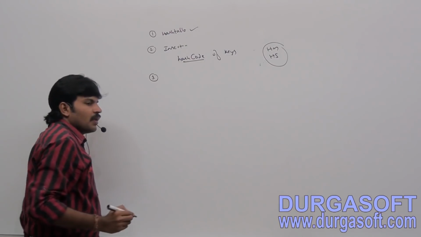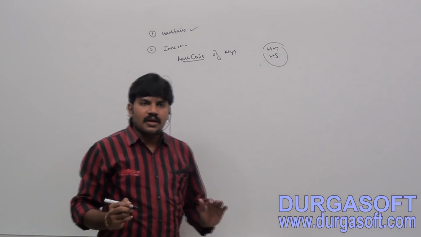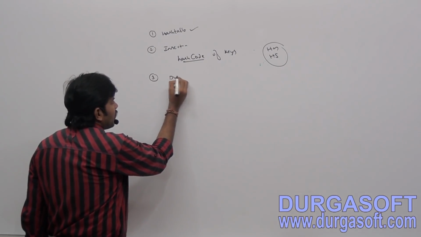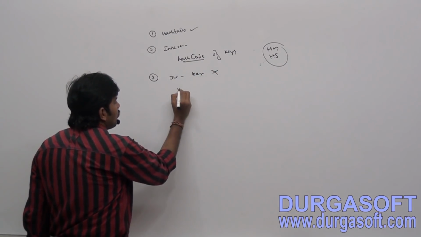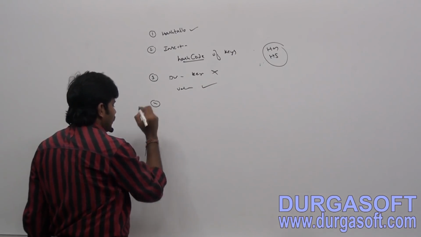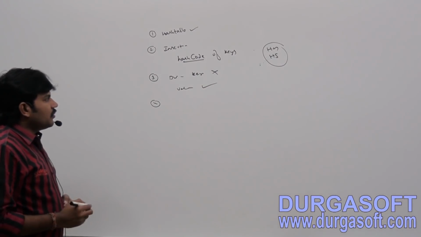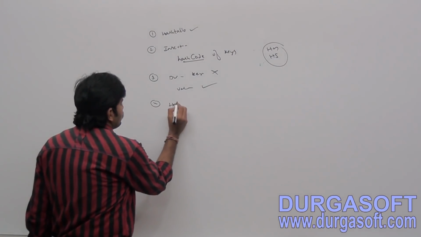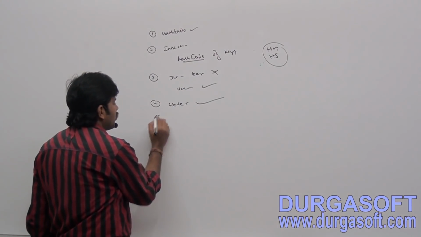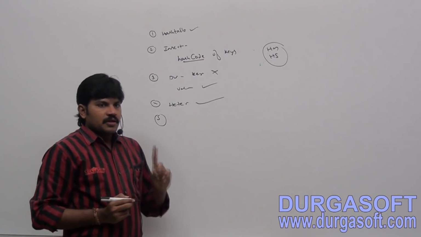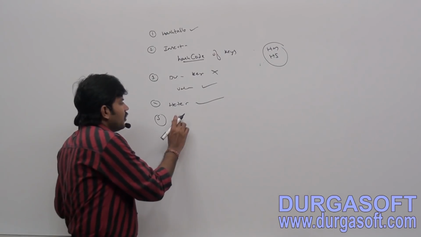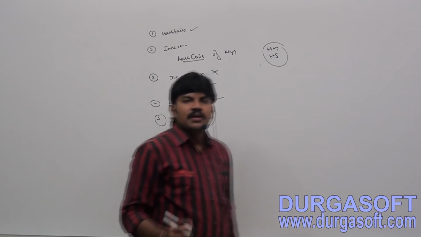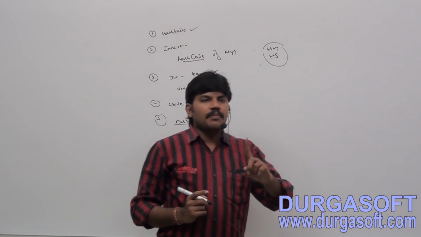Next, can you tell whether duplicate keys are allowed or not allowed? Duplicate keys are not allowed, but values can be duplicated. Next, heterogeneous objects are allowed for both the key and value, no problem at all. Null is not applicable for the key or the value.